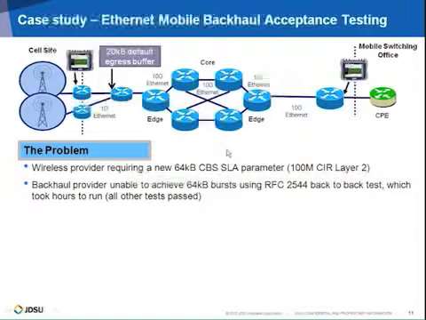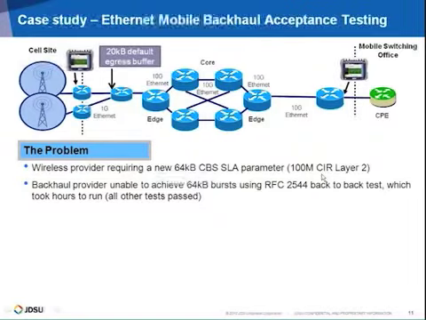It was a 64 kbyte CBS. So the service was a layer 2, 100 megabits per second CIR, committed throughput, with the ability to burst 64 kbytes above the CIR. And this provider needed to be able to prove compliance to that.